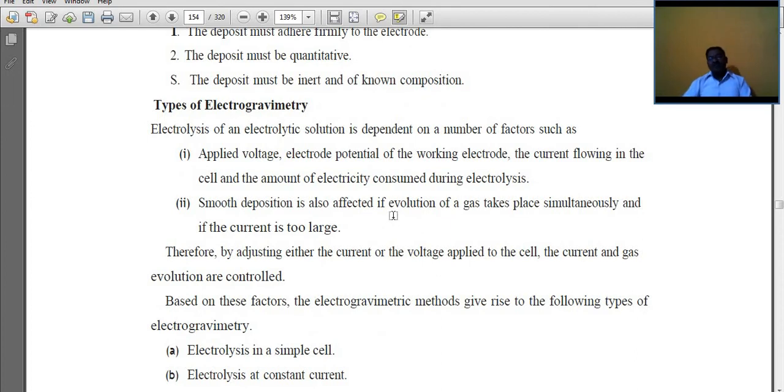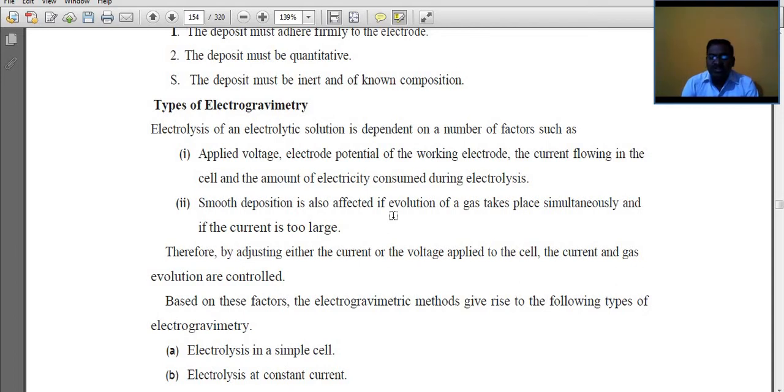What are the different types of electrogravimetry? Electrolysis of an electrolytic solution is dependent on a number of factors such as the applied voltage, electrode potential of the working electrode, the current flowing in the cell, and the amount of electricity consumed during electrolysis.